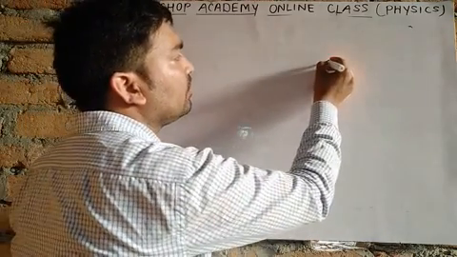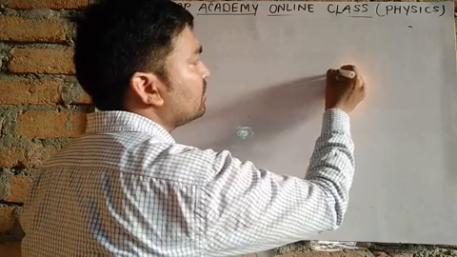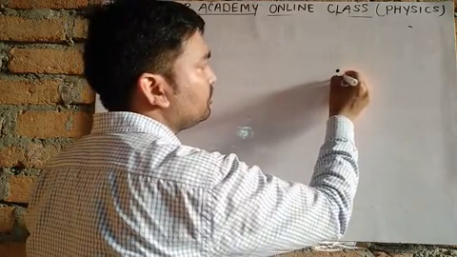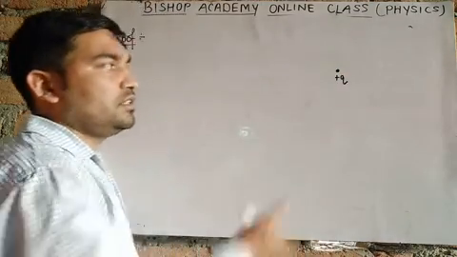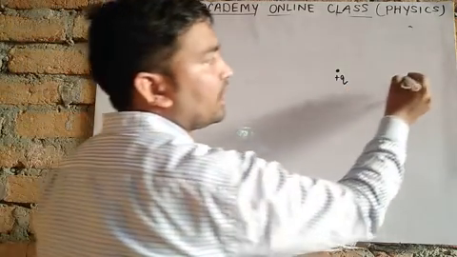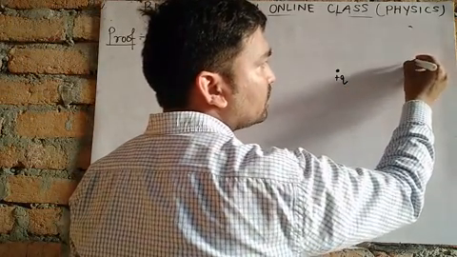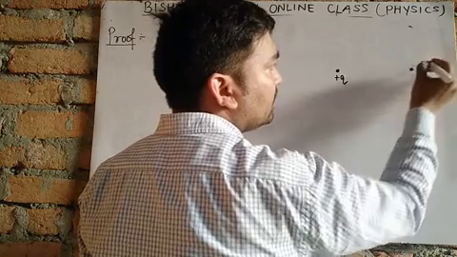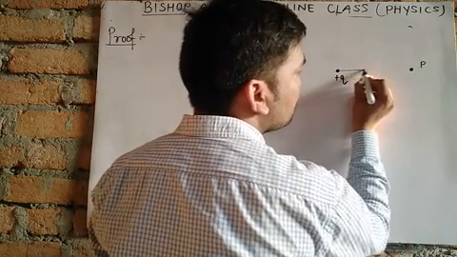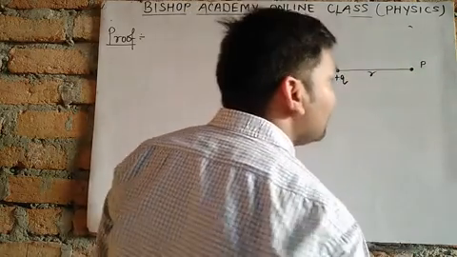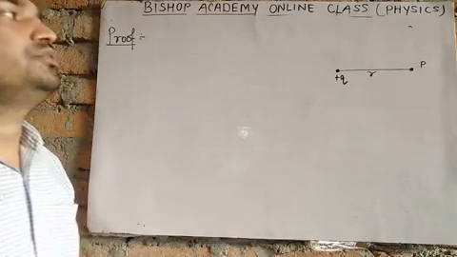First of all, we take a positive amount of charge, small q, and we have to find the electric field at this point P, which lies r distance from the charge q.